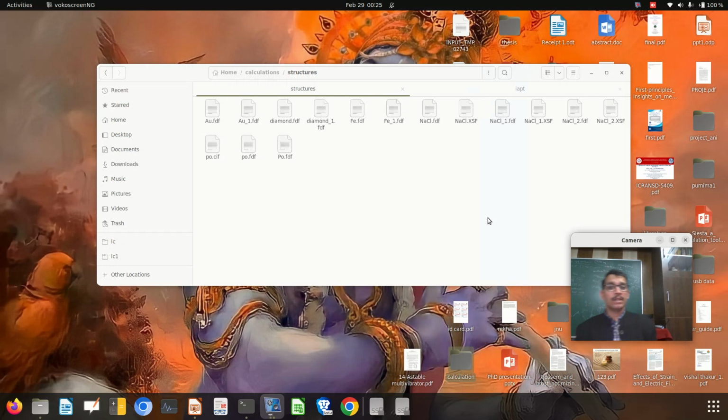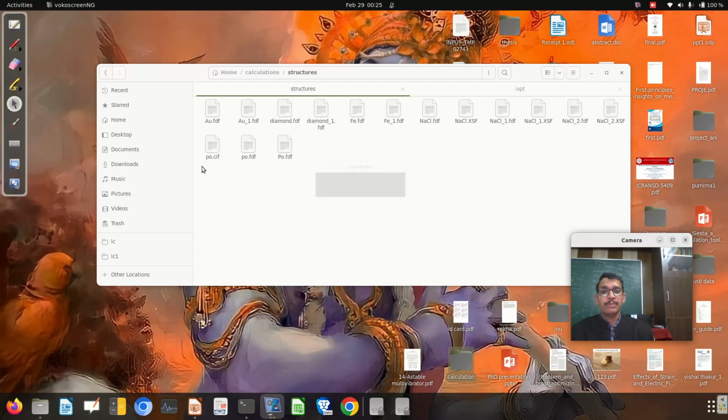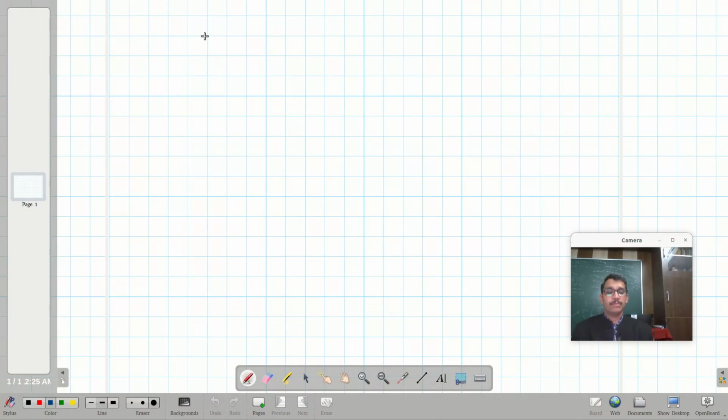Now after this, let me talk about another very interesting structure, that is the diamond, and then after diamond I will talk about the sodium chloride structure. So diamond is basically what? If I go to the definition of diamond like structure, it is also FCC like structure, but a little bit different.